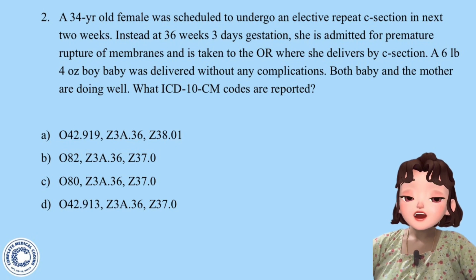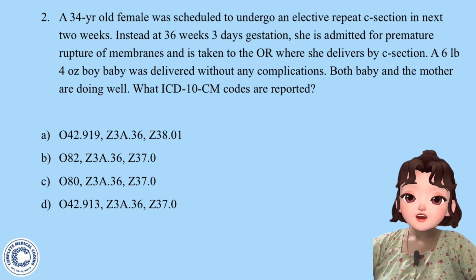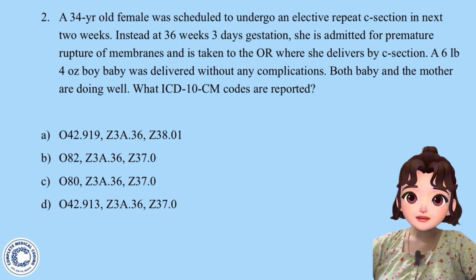So what will be the first diagnosis that we need to code? For pregnancy, you always need to use an O code as the primary. You will get interview questions like this too: what will be the primary code for maternity or pregnancy? Always you have to code the O code. So here, what is the condition of the patient?